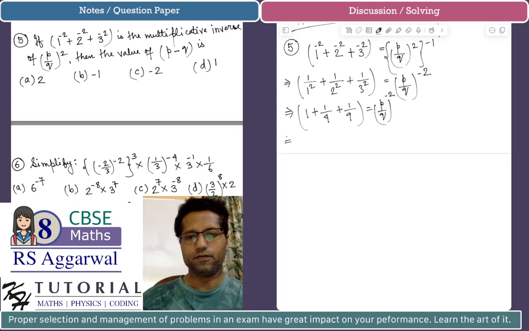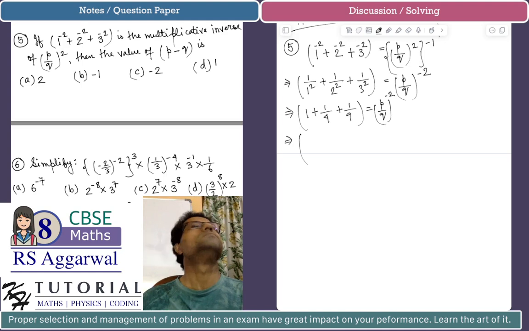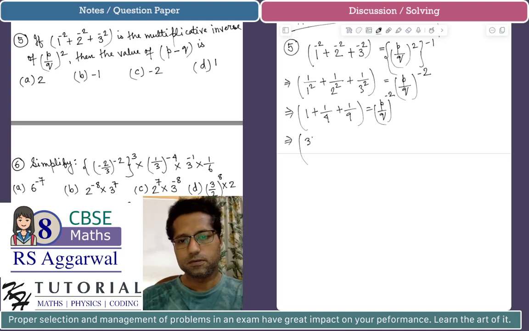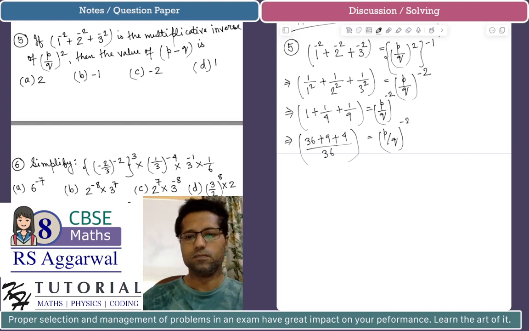Now this implies 36 plus 9 plus 4 divided by 36 equals p by q raised to the power minus 2. So this implies 49 by 36 is equal to p by q raised to the power minus 2.